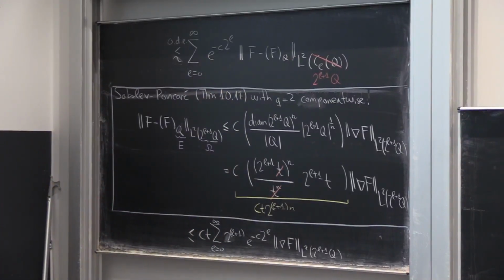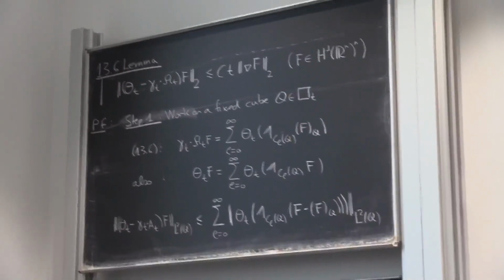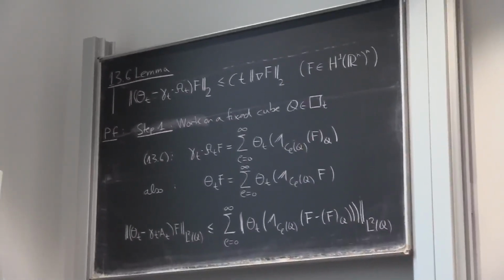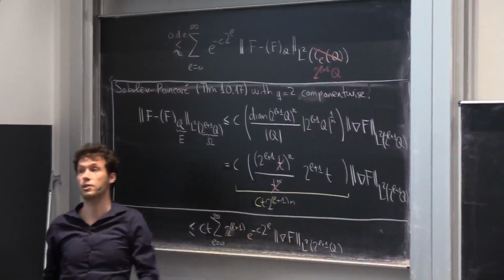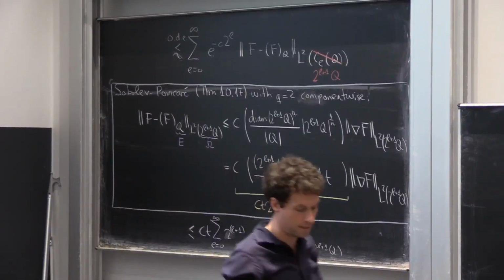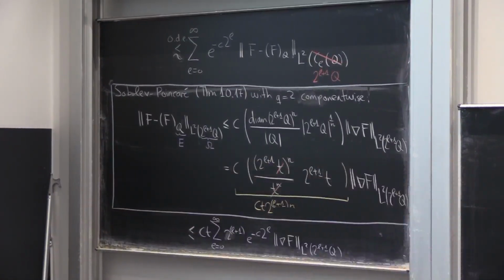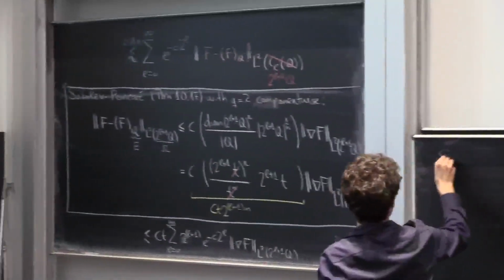That's a good bound on Q. It controls the thing I want to bound globally, at least on Q. The factor t is already there. There's some off-diagonal garbage sitting here. The gradient of f is already there on a slightly larger cube, or a very much slightly larger cube, because the L can be as large as we want. But that's no harm for us, because we have off-diagonal estimates.